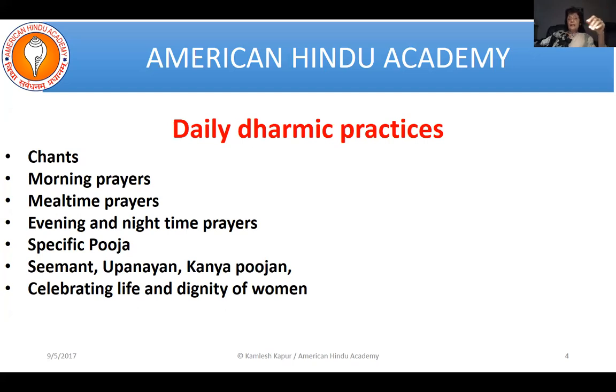Then there is Kanya Puja. Twice a year, in many parts of the country, the brothers offer prayers to, not offer prayers, but show devotion to their sisters. Why is that done? This is a very unique thing, that a virgin girl is to be protected from all kinds of evil people. So this is basically respect for girls.